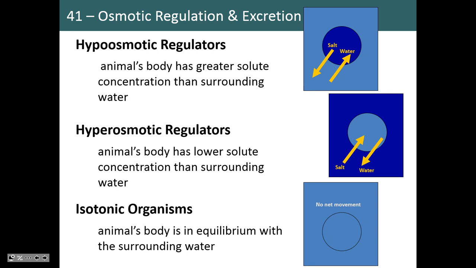Isotonic organisms become increasingly rare as we move up into vertebrate organisms. Many of our invertebrates are isotonic, but few of our vertebrates are. Okay. It's easy because you don't have to regulate it, but it means you have less control over what's happening inside your body if you're just going with whatever's happening in the environment around you.